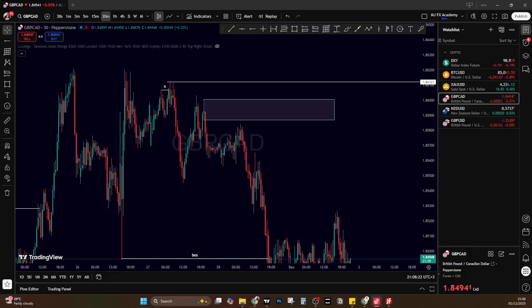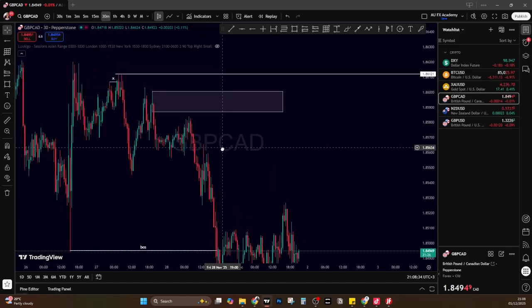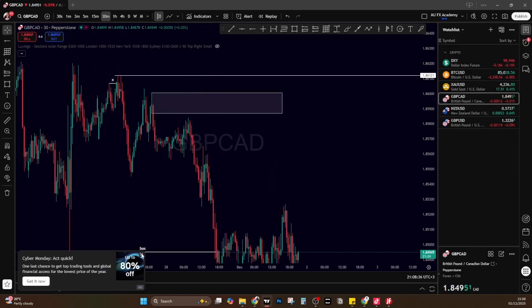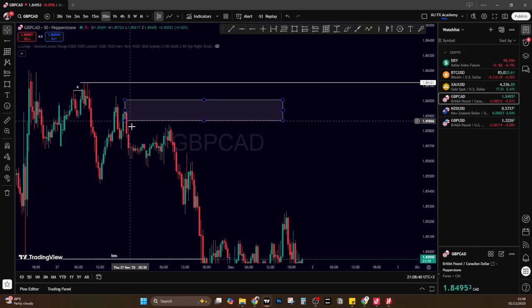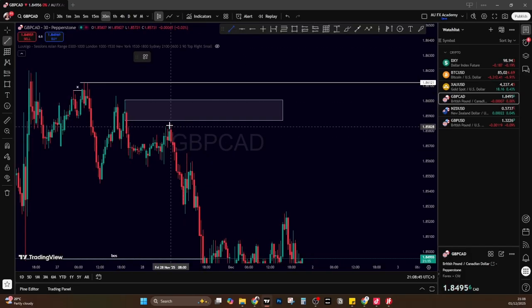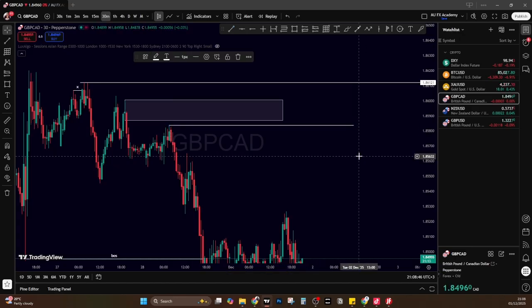So that tells me that if I want to continue to be part of this sell, I have to wait for this market here. And I have two confluences. One is that this order block has an FVG, and two, we have a swing high here that did not take any liquidity.